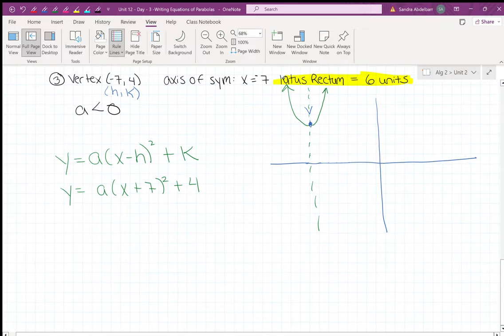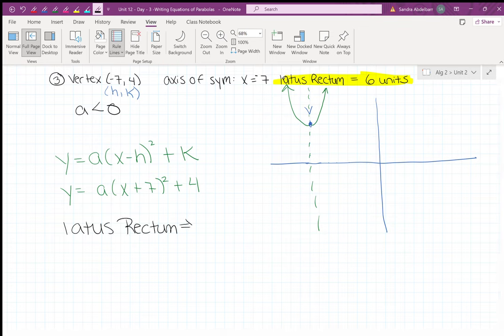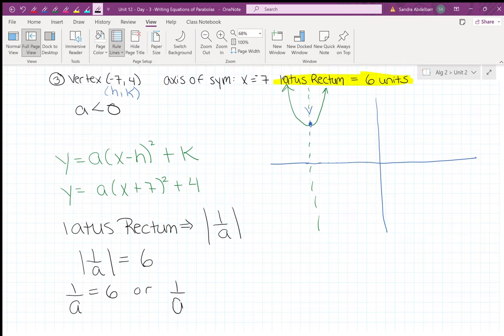Yes. All right, so the latus rectum is the absolute value of 1 over a. So we're saying, well, if the absolute value of 1 over a is equal to 6, what does that mean? We know 1 over a is going to equal 6, or 1 over a will equal -6. We solve both.